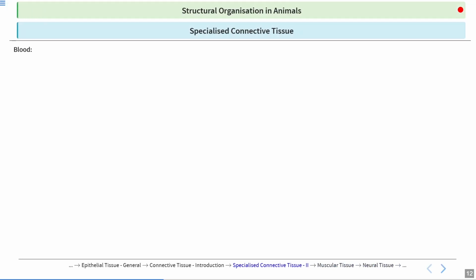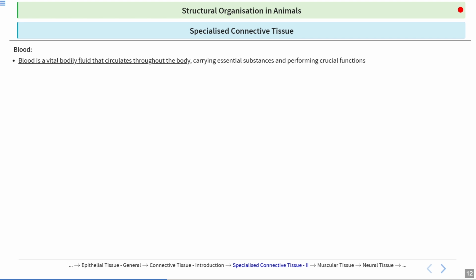Now we will talk about the specialized connective tissue, that is the blood. Blood is a vital bodily fluid that circulates throughout the body, right? This is one of the very important types of tissue, and it is a very special tissue. It is very unique, you can say, in the sense that it is moving.